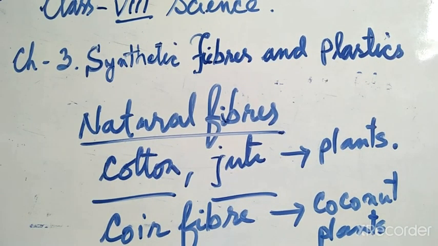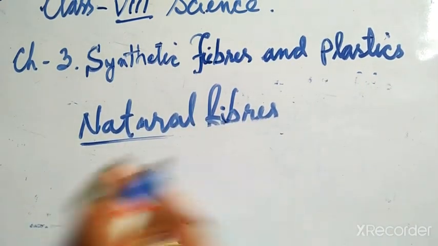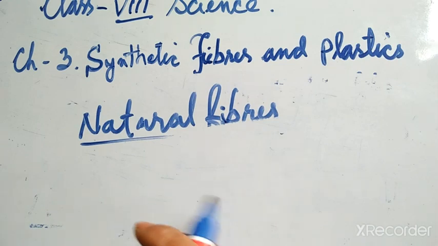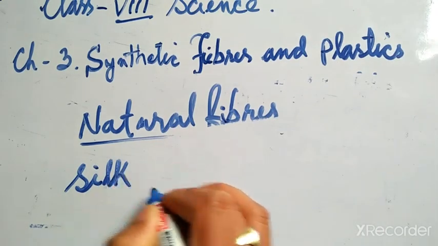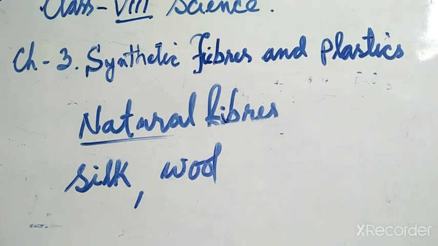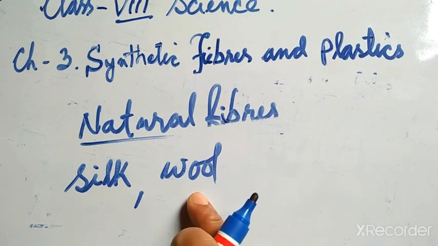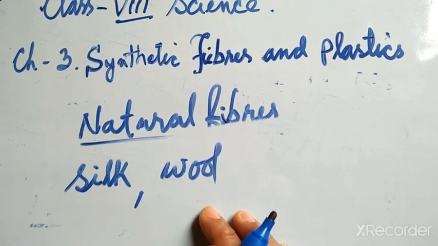So these are natural fibers obtained from plants, and natural fibers obtained from animals are also there. They are silk and wool. Wool is obtained from the fleece of sheep or goat, and it is also obtained from the hair of rabbits, yaks, and camels.